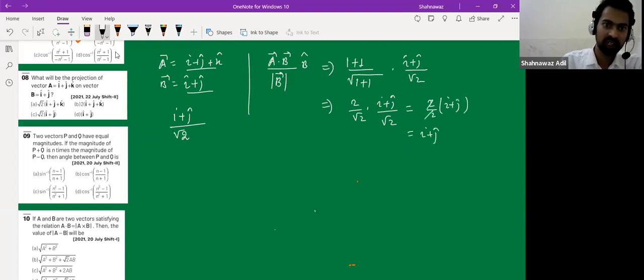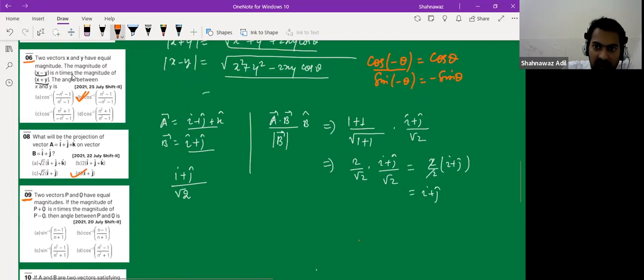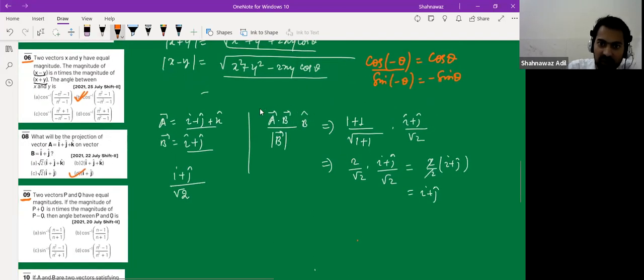Right, guys. Any doubt in this question? So the ninth question is kind of similar to what we did. Yes, this is the formula for the projection.